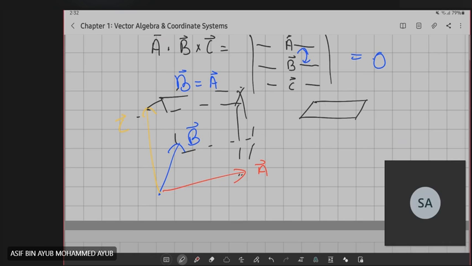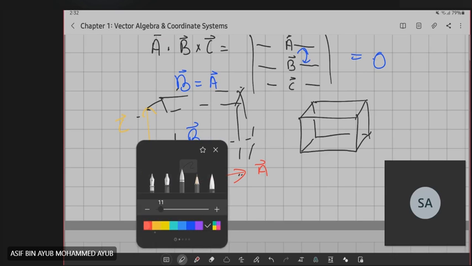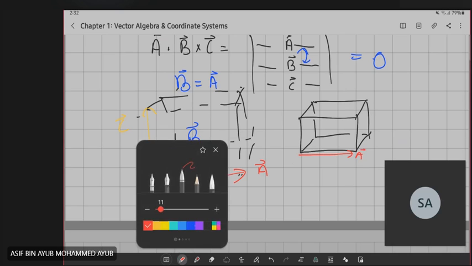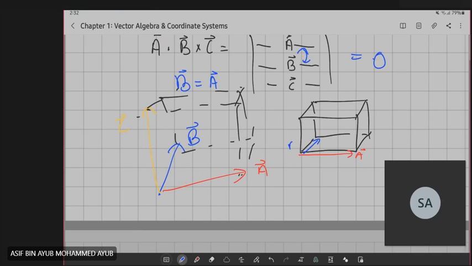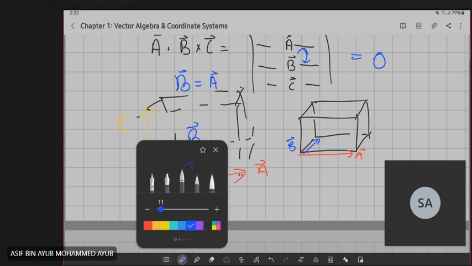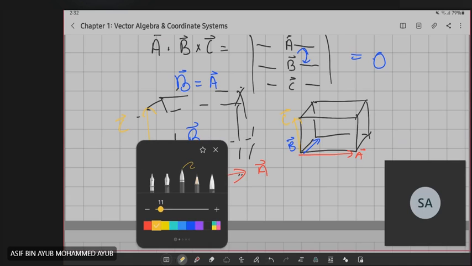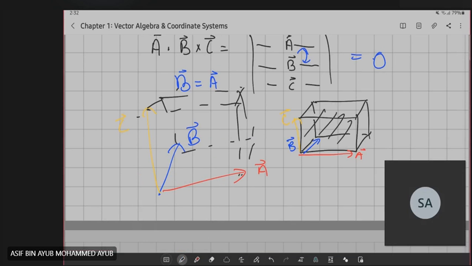So you can imagine that the vectors are along a box. So you have A here, and then you have B here, and then you have C here. What the scalar triple product gives you is the volume of this box.